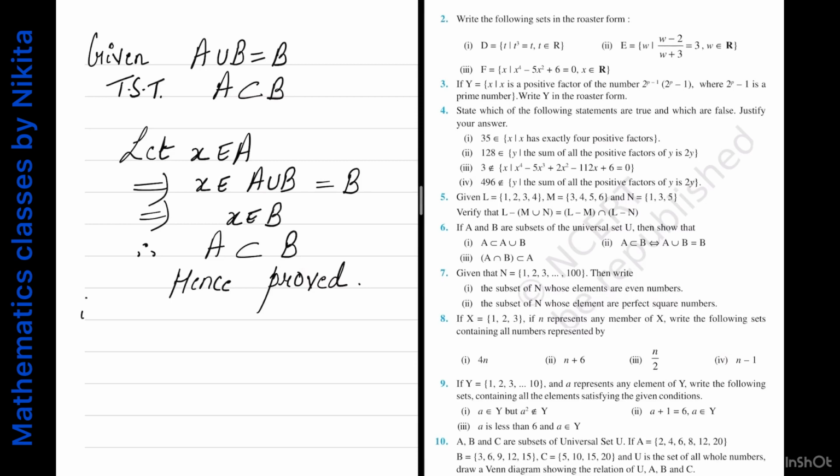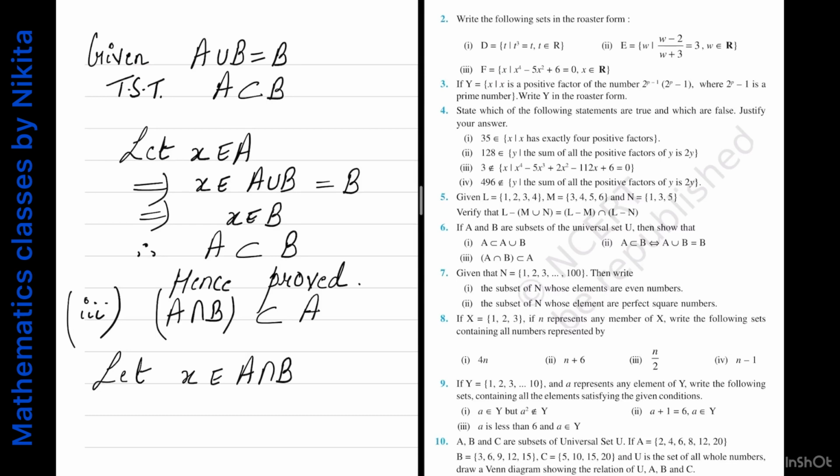Now in the third part you have to prove that A intersection B is contained in A. So start with any element x in A intersection B. So let x belong to A intersection B. This implies what?